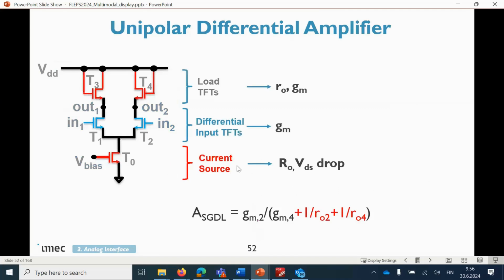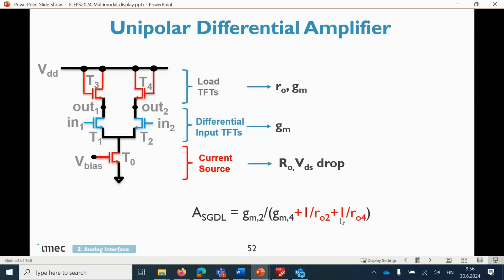Yes, so if you now design this unipolar differential amplifier where you have only N-type transistors, you will see that your gain is given by this equation, which is the GM of the input transistors over the GM of the load transistors plus the output resistances here.